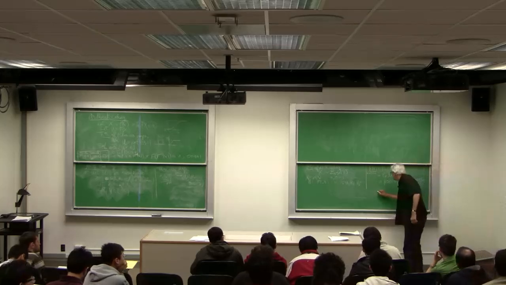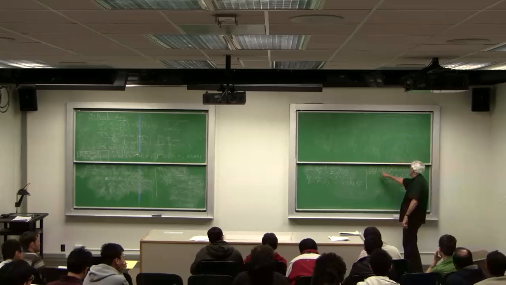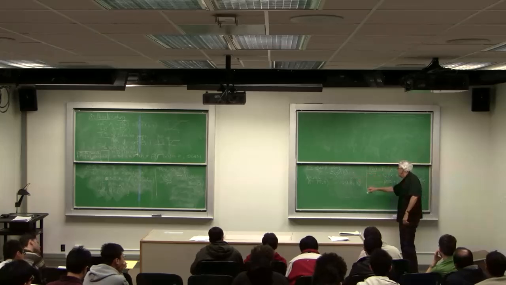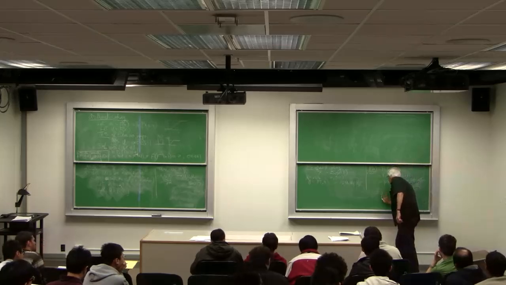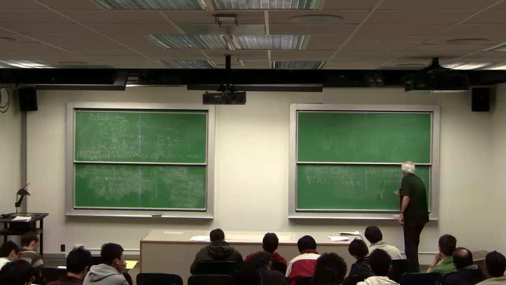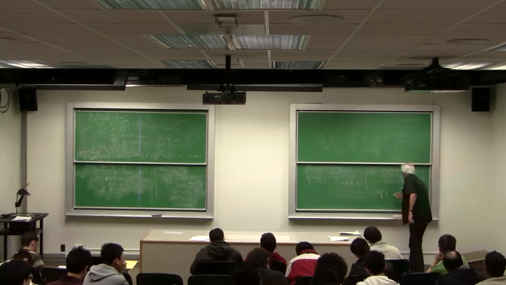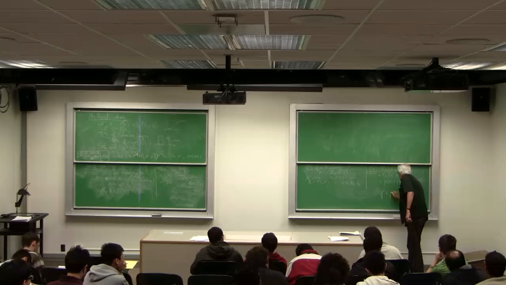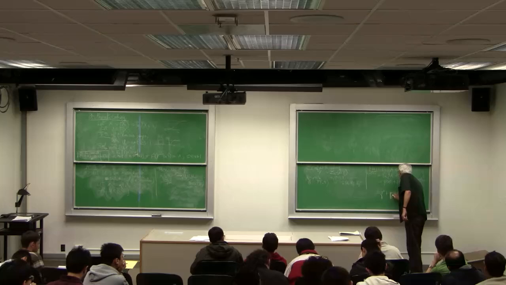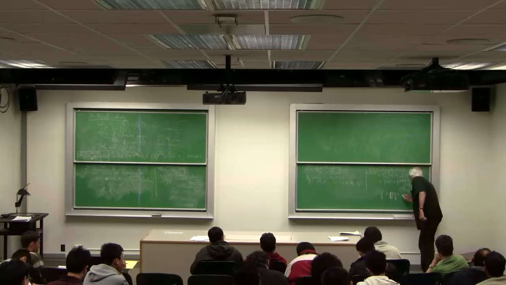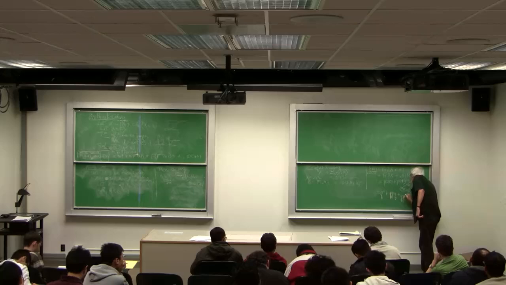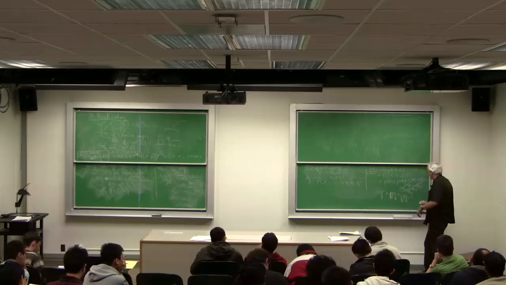By the way, X was Bernoulli P, so this is Q squared plus PQP, QPQ plus QP squared Q, etc. Great.